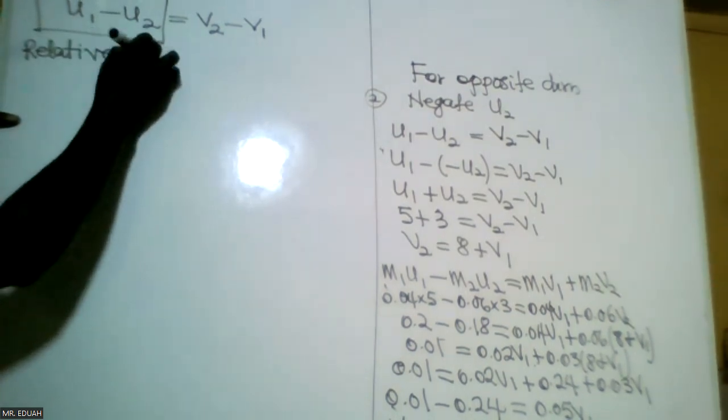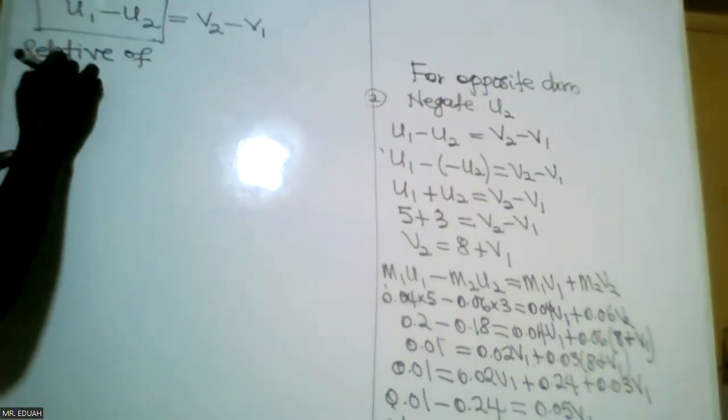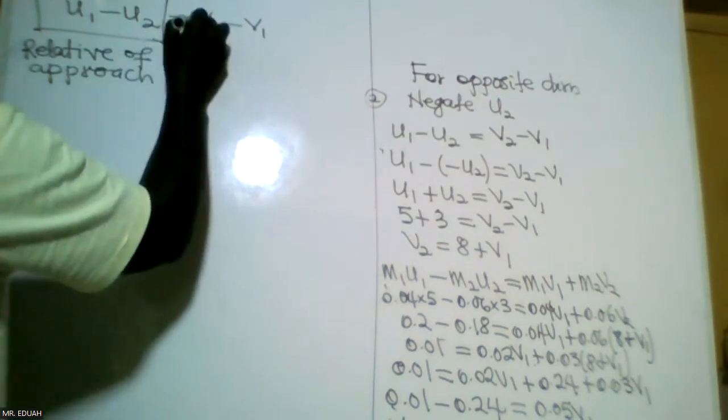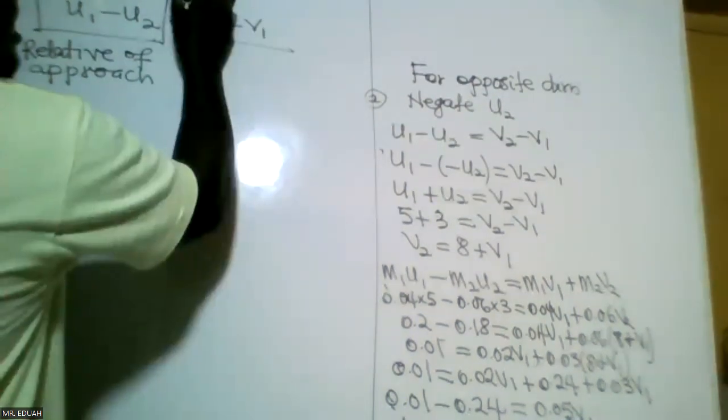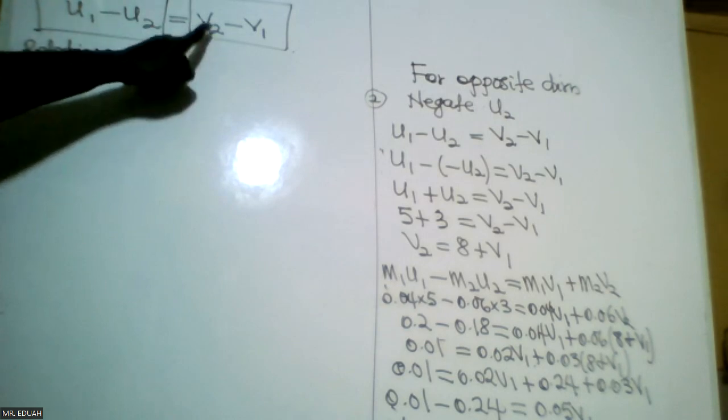So we call the left-hand side the relative velocity of approach. As the two bodies approach, these are their velocities. And this is also the relative velocity of 1 with respect to 2.